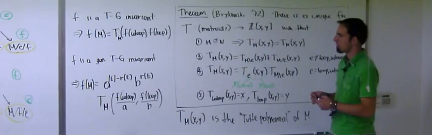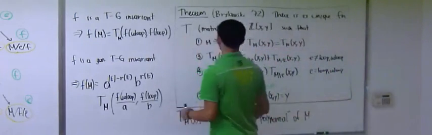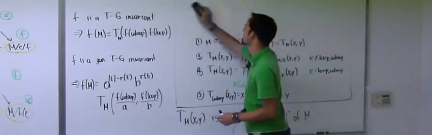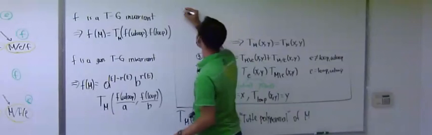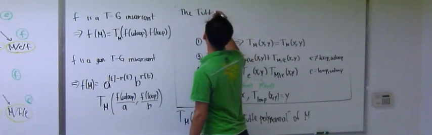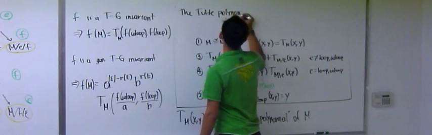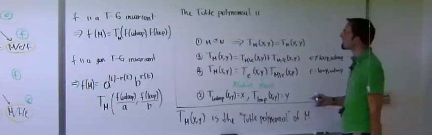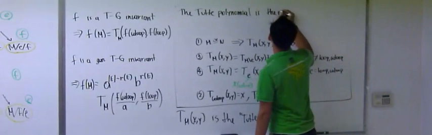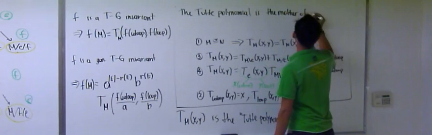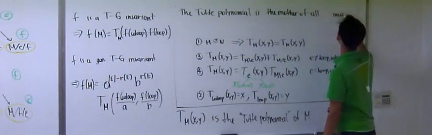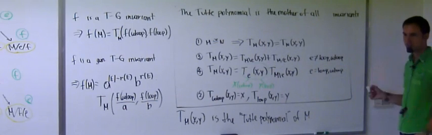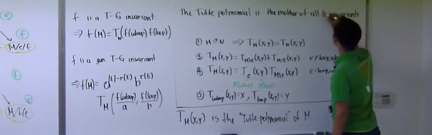Okay. And so really the point is that somehow the Tutte polynomial is the mother of all invariants. If you can find it, you can find anything. Well, of all Tutte-Grothendieck invariants.